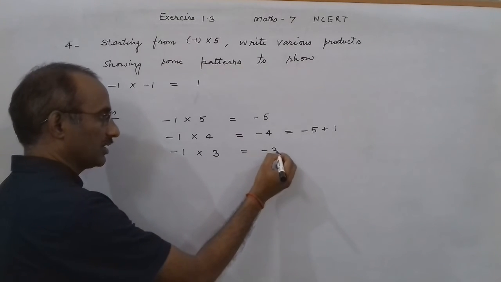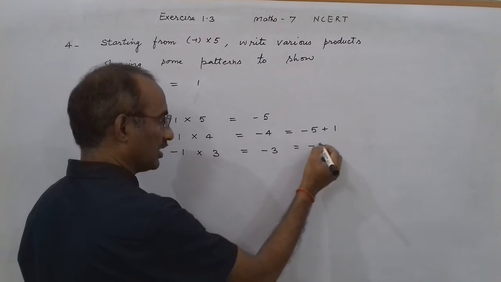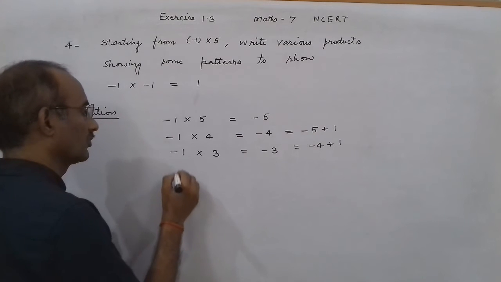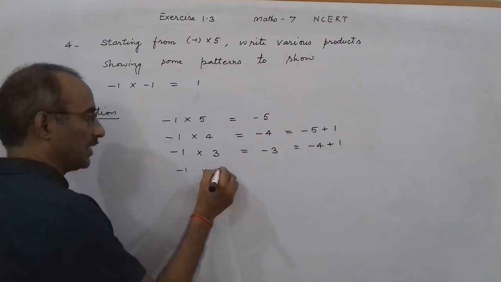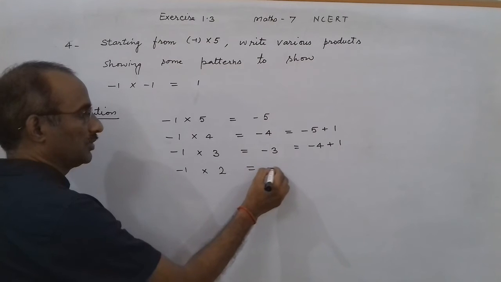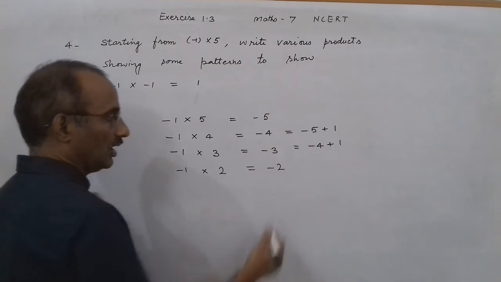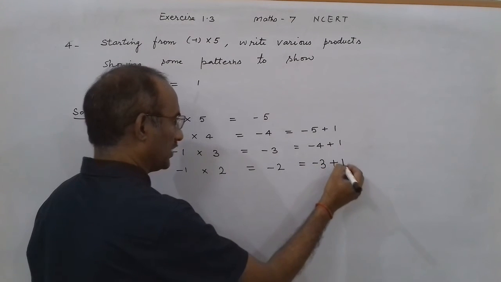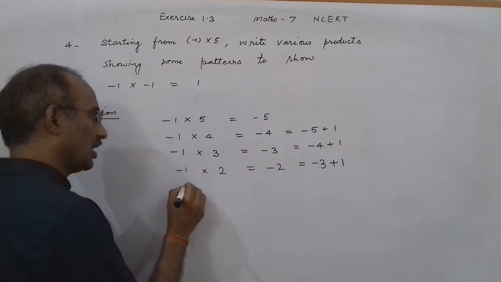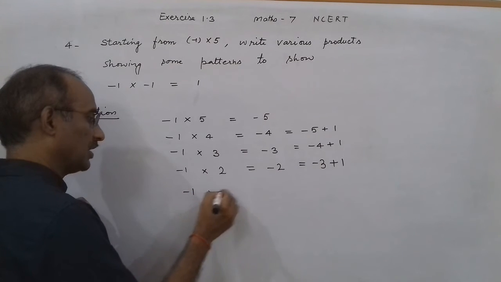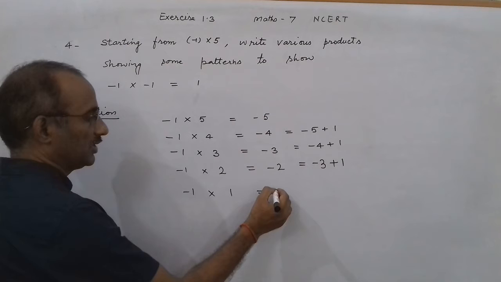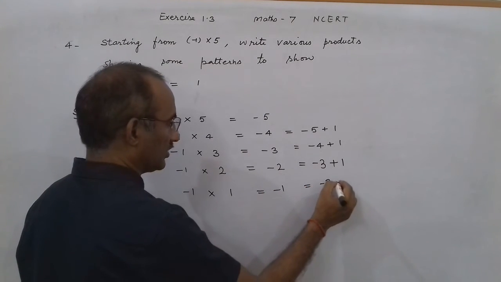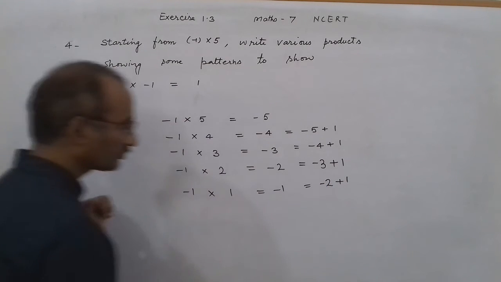So here we get -3, and -3 can be written as -4 and +1. -1 multiplied with 2. So we get -2, and -2 can be written as -3 and +1. Now -1 multiplied with 1. So we get -1, and -1 can be written as -2 and +1.